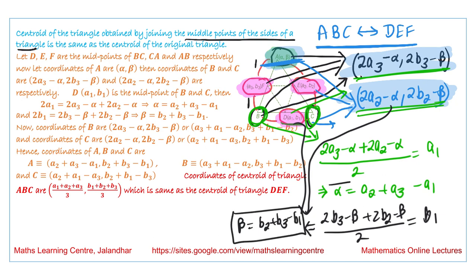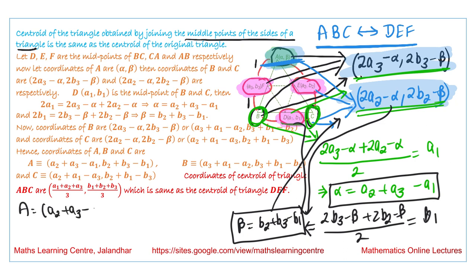So this is the value of beta and this is the value of alpha that we have. Now by using these values of alpha and beta in these given points, we obtain that the coordinates of the point A are a2 plus a3 minus a1 comma b2 plus b3 minus b1.